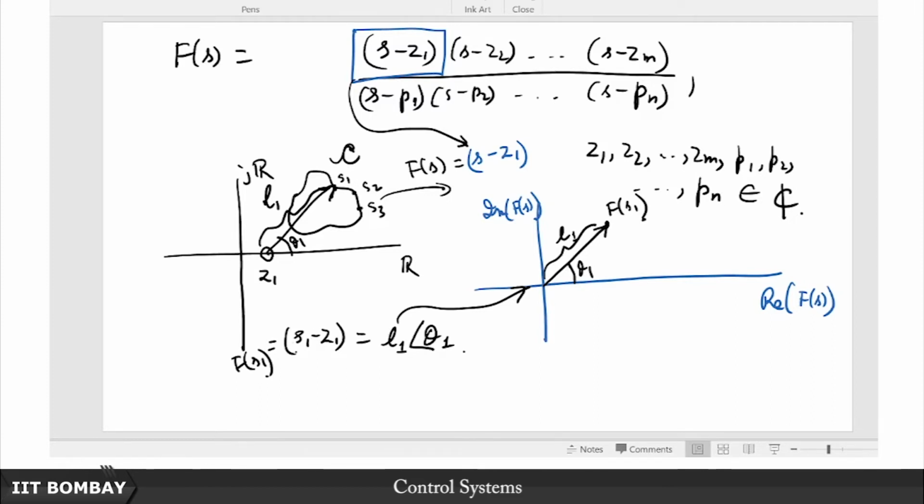If you just substitute S1 instead of S in this function, that is what you get. Similarly you go to S2, then you have this other line. Let us say this line has a length L2 and an angle theta 2. So I have to now draw this second line here, like this, this is theta 2, of length L2.